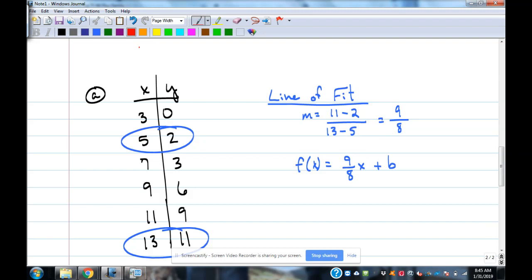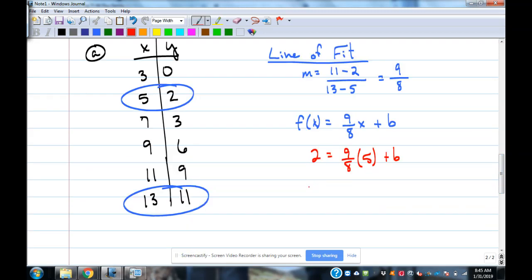And then what do I do next to find the y-intercept? Plug in one of those ordered pairs for x and y and get it. So I'm going to use 5, 2. Pretty easy. So 2 is equal to 9 over 8 times 5 plus b. Work that out. 45 over 8 plus b. 2 is 16 over 8.